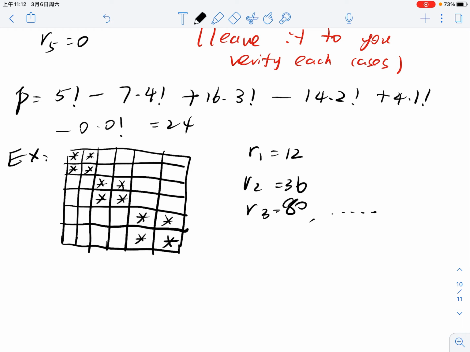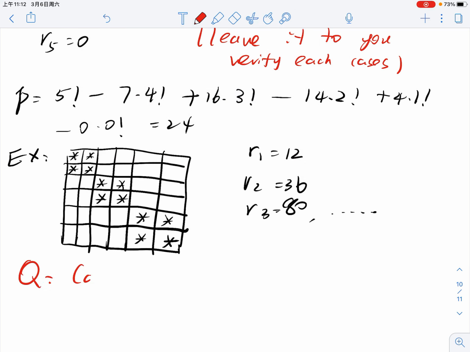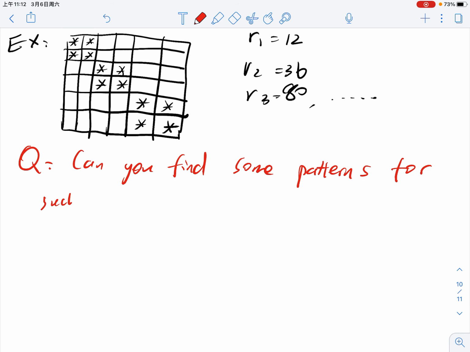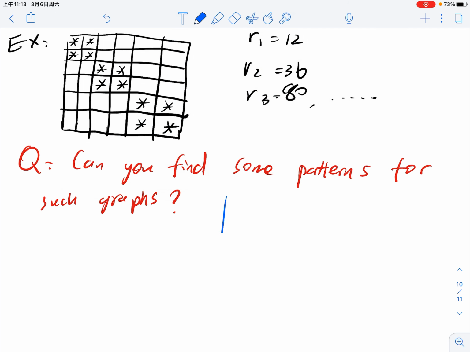Okay, and a natural question, actually a very good question: can you find some pattern for such graphs? By such graphs, I mean you might have the following cases.